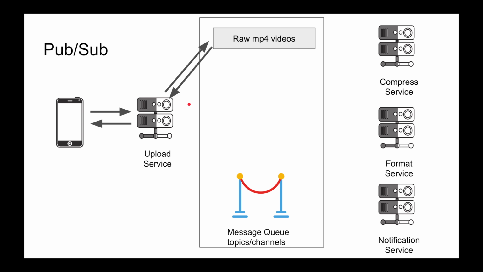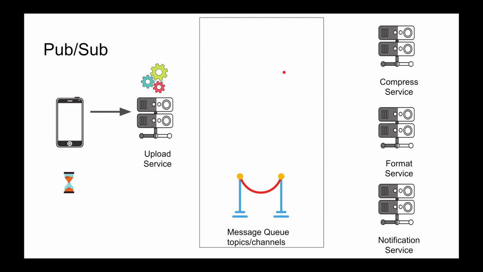I'm hoping this is hopefully in a LAN, and they will communicate over a 10 gigabit Ethernet network or whatever, and that will be fast, right? So we make a request and then we get a response really quick, upload that 5 gig video. Once it's done, that's it. Your job is done as an upload service. So you can notify the client that it's done.